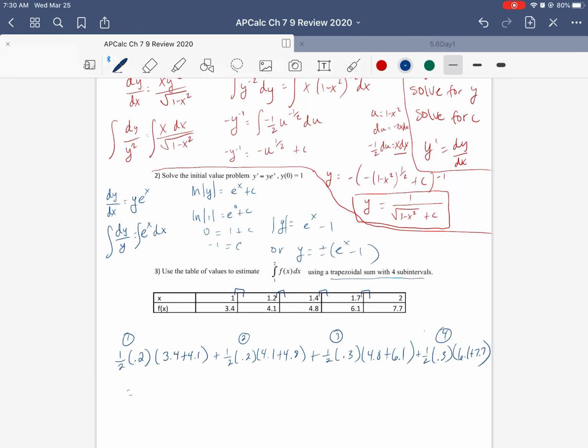Okay, so in the calculator, we put all of this in. I'm going to pull up a calculator on my computer screen so I don't have to keep going back and forth.